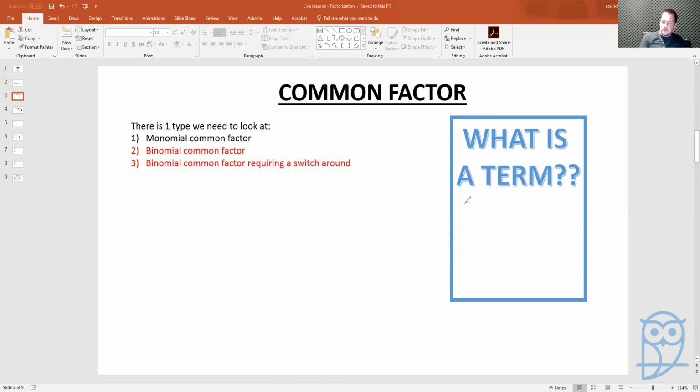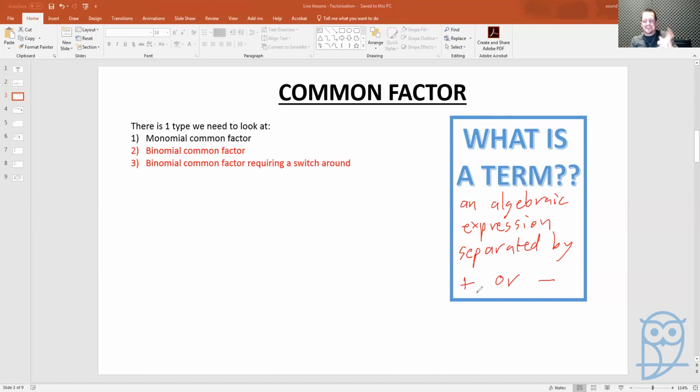A term is an algebraic expression separated by a plus or minus sign. So it is signs being a plus or minus sign, not a times or divide sign.